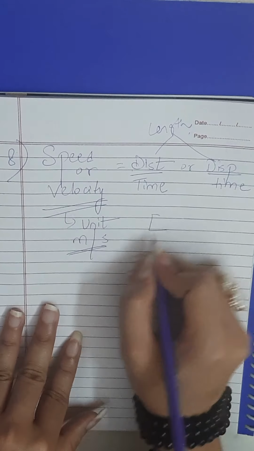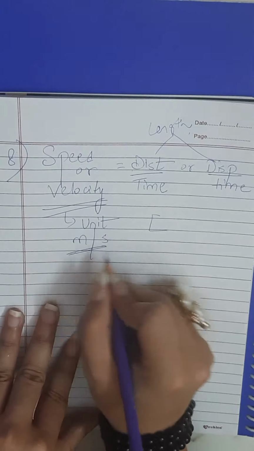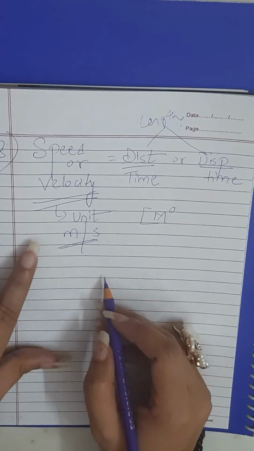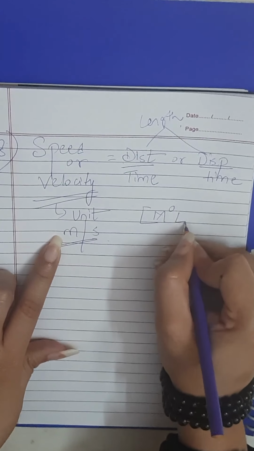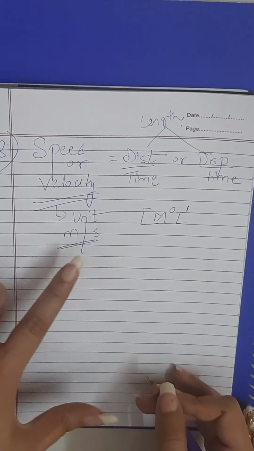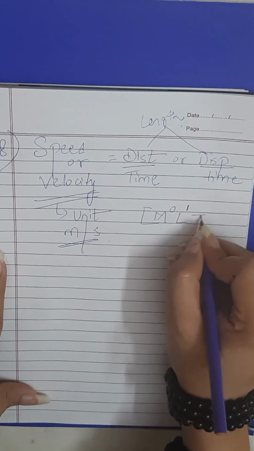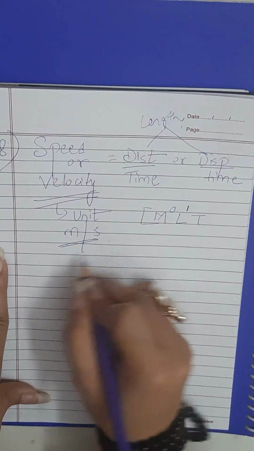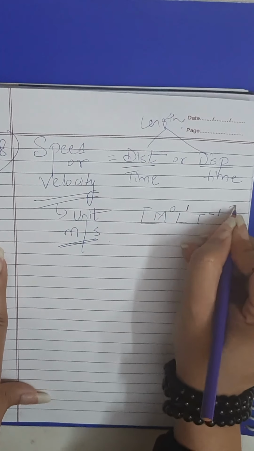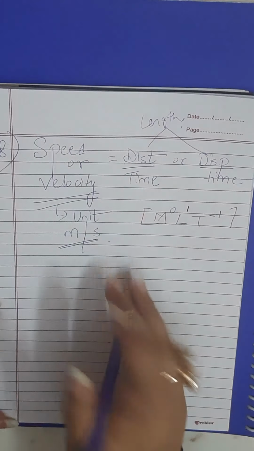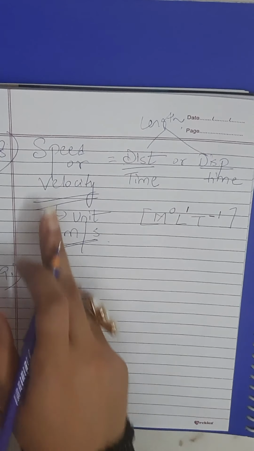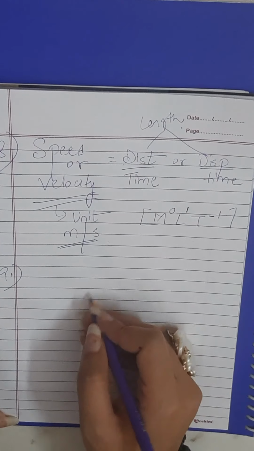Meter and second both have nothing to do with mass, so mass is raised to power 0. For meter I will write L raised to power 1. Per second, per means in denominator. So for the denominator second, T will come, and denominator means power will become negative. So this is the dimensional formula for speed or velocity.